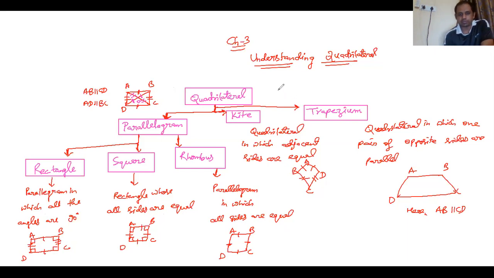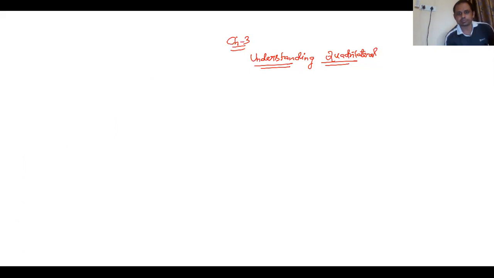Now we are moving to the next part of this video. Now again, if we discuss the classification of quadrilateral on the basis of its diagonals, suppose we are considering only diagonals, then quadrilateral can be further divided into two types: convex and concave.